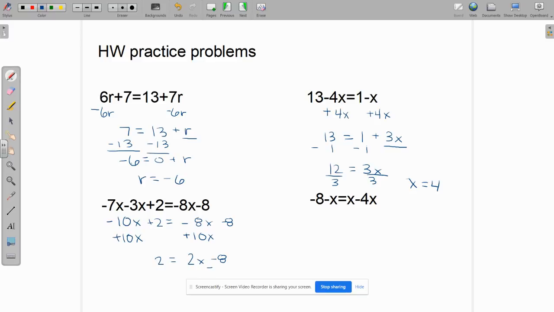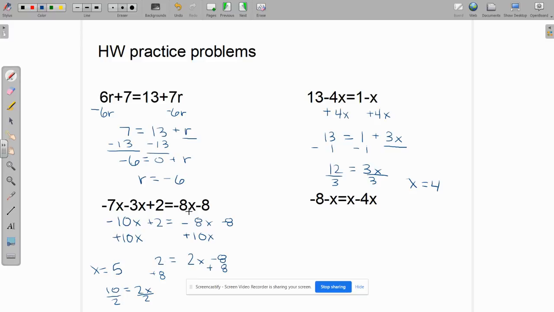And then I know I want to isolate my variable on that side, so I'm going to add 8 to both sides. Running out of room here. I have 10 equals 2x. And then if I divide both sides by 2 to cancel out that 2 on top and leave me with just x, I'm going to get x equals 5.